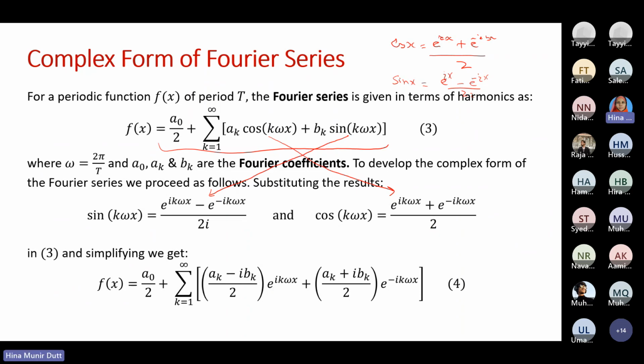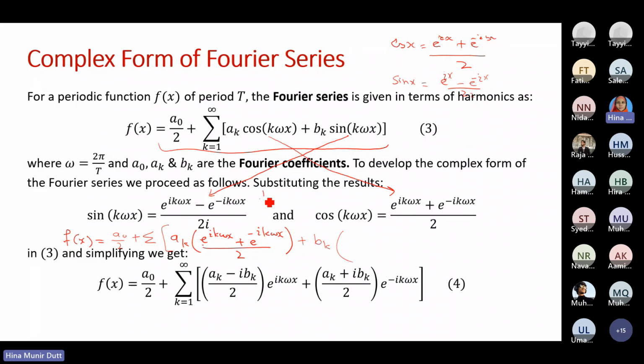So when I substitute, my Fourier series becomes f of x is equal to a naught over 2 plus summation a k cos k omega x, which is equal to this one, e to the power iota k omega x plus e to the power minus iota k omega x over 2, plus b k times 1 over 2 iota.